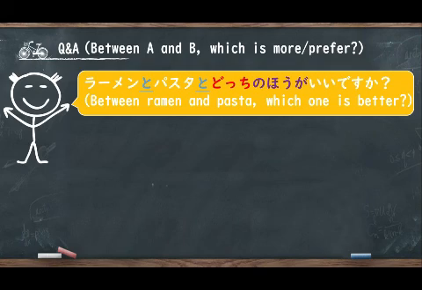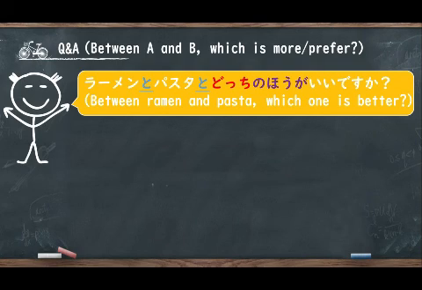Here you have to remember that どっち can only be used when you are comparing only two items. So if you are comparing more than two items like 3, 4, 5 items, you cannot use どっち. Okay? So, how do you say the full sentence? Which one do you think is better, ramen or pasta? You have to say ラーメンとパスタとどっちの方がいいですか?